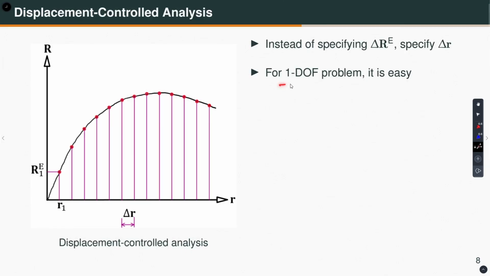Yes, it is trivial for a single degree of freedom problem, because you apply the displacement, apply another displacement, and determine the state which is in equilibrium with the external force. So you apply displacement, you know the load. That is exactly what I did in the previous example. That was a single degree of freedom problem. I can easily do a displacement control analysis. And as the displacement keeps increasing, you can capture this entire behavior, the post peak behavior, without any problem.